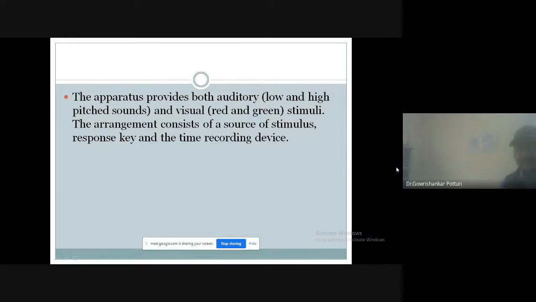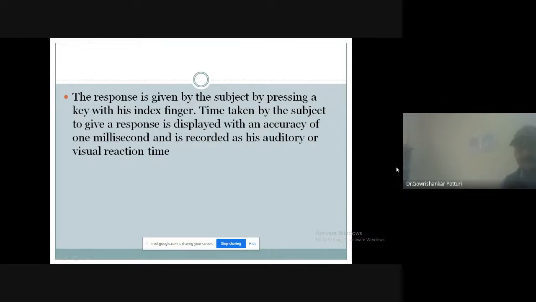It's a simple apparatus. The response is given by the subject by pressing a key with his index finger. Time taken by the subject to give a response is displayed with an accuracy of 1 millisecond. So you can imagine even 1 millisecond difference is recorded for the auditory and visual reaction time.